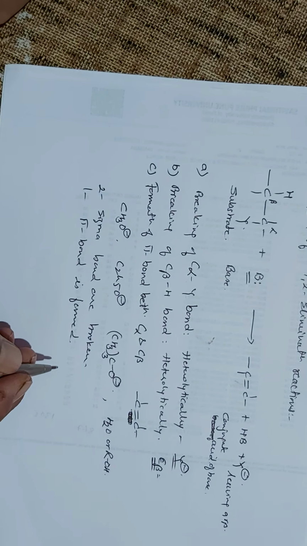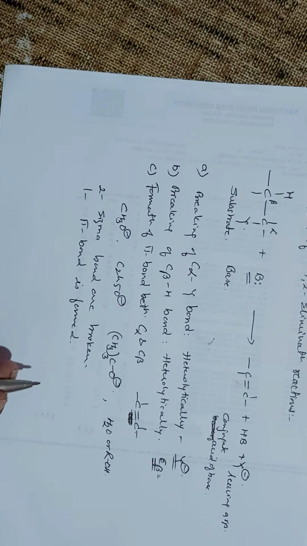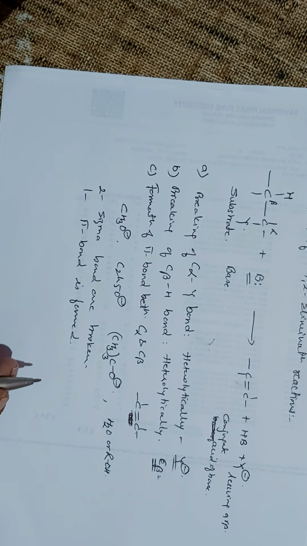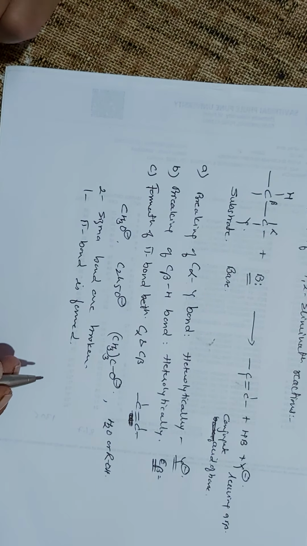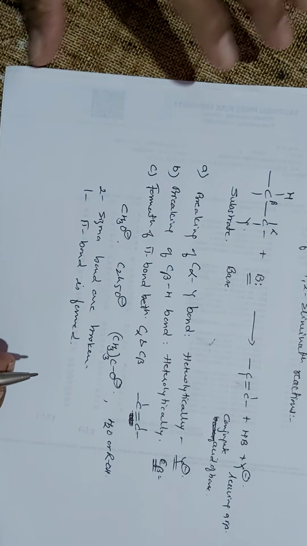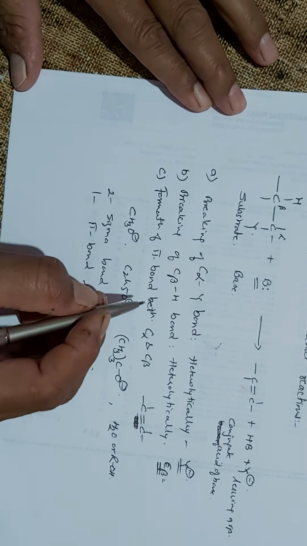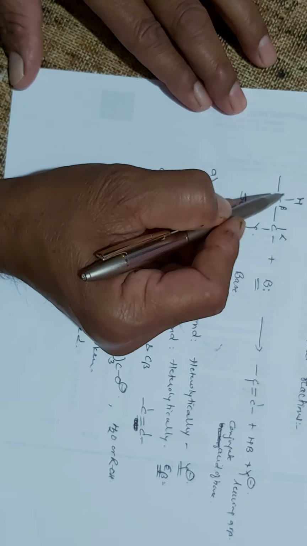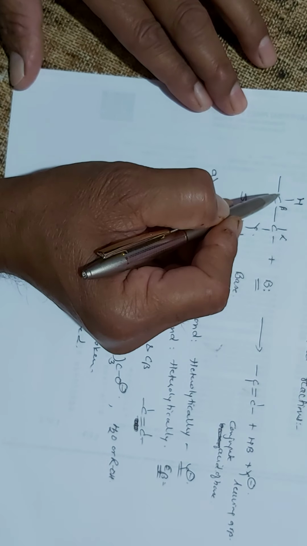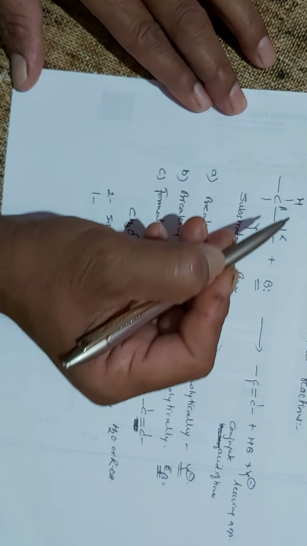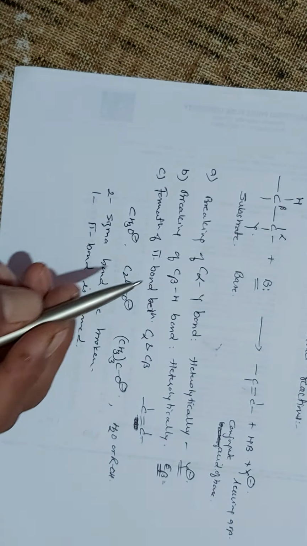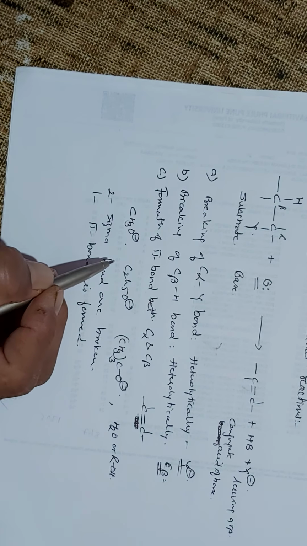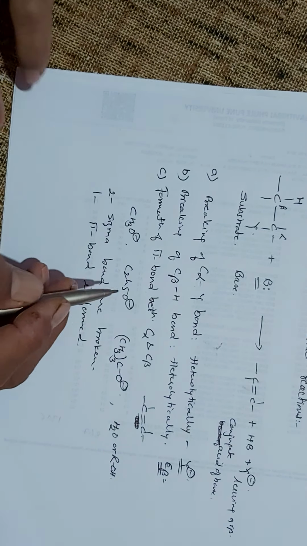Depending upon the timing or sequence of bond breaking and bond formation, we are not clear whether the C alpha Y bond has broken first, or the C beta hydrogen bond has been broken first, or the C alpha C beta double bond has been formed first.